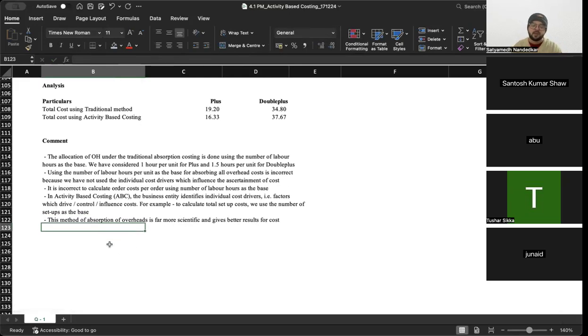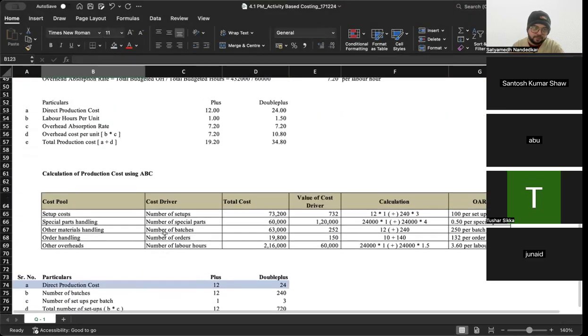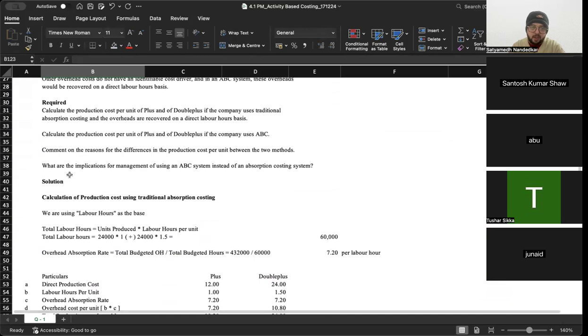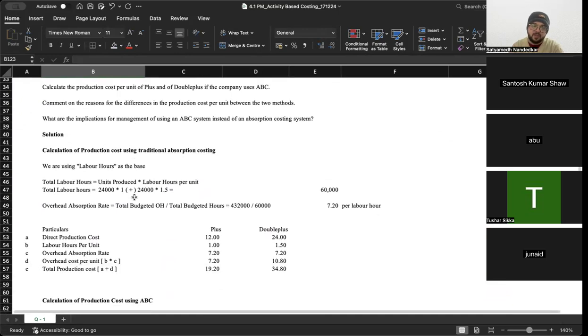Okay. So this is how the overall calculation goes. And this is how you will comment on the difference between the two, that this one's more accurate and that one's not. The last part, what are the implications for management of using an ABC system instead of an absorption costing system?